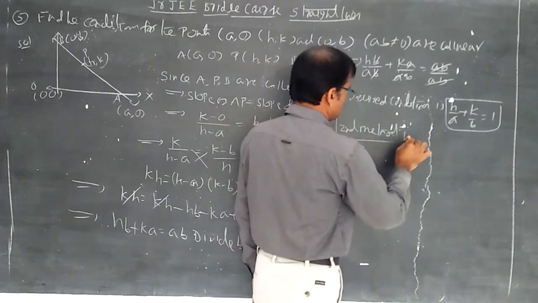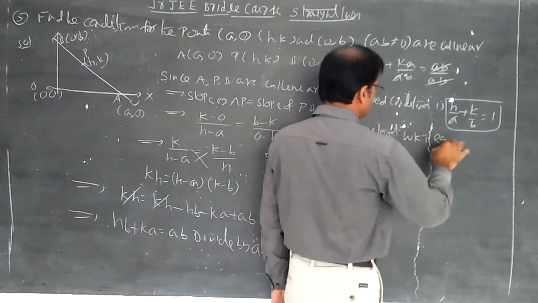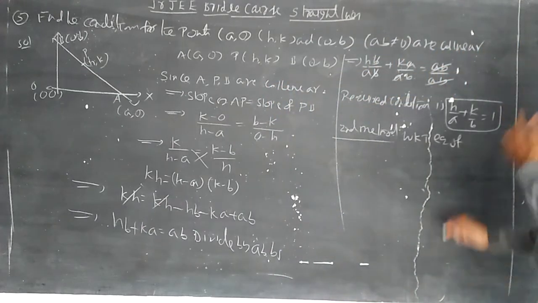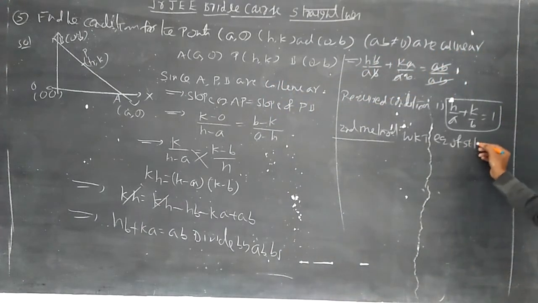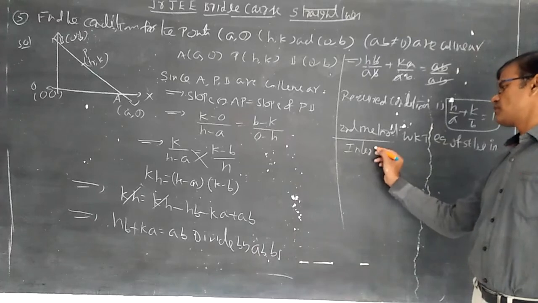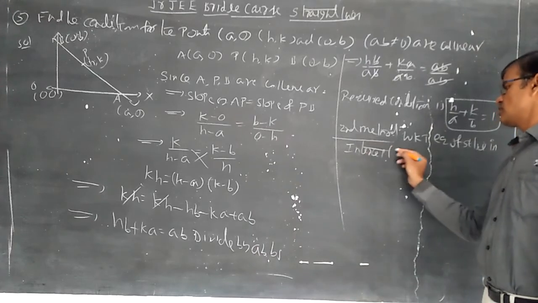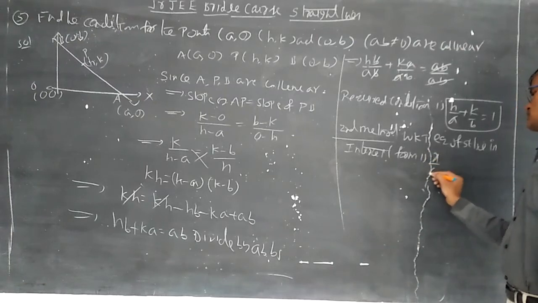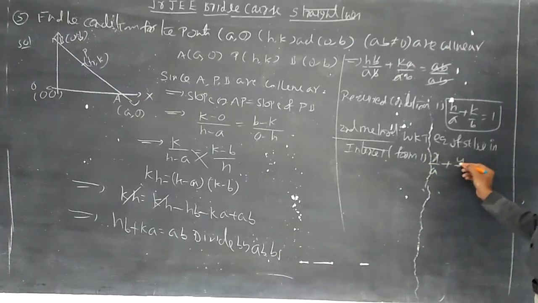Second method. Simply we should write, we know that whenever we draw the diagram according to the condition, the equation of a straight line in intercept form is x by a plus y by b is equal to 1.